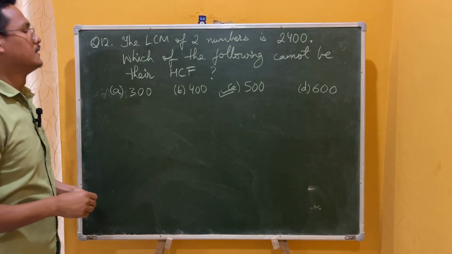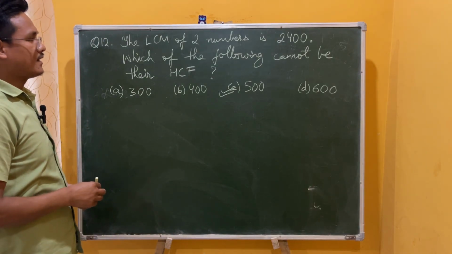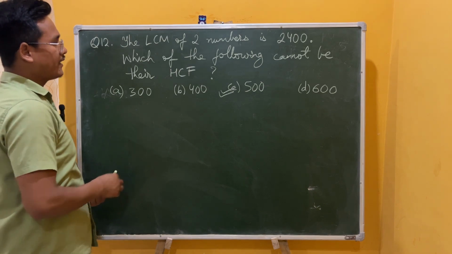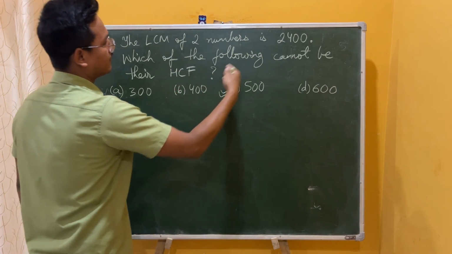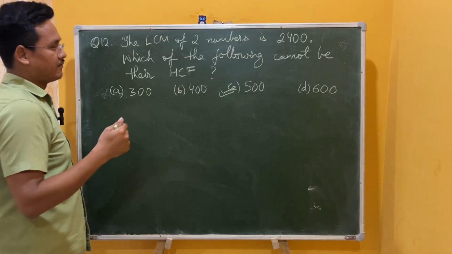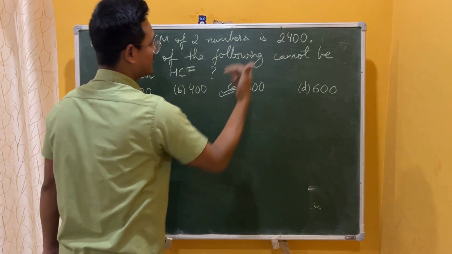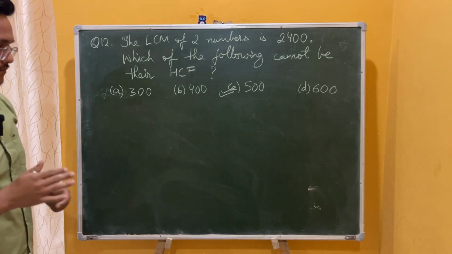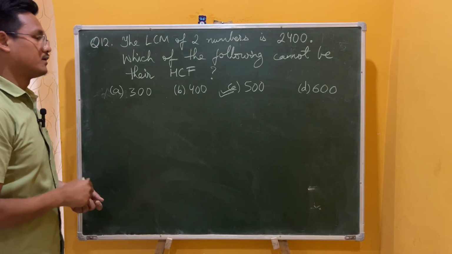Remember the rule. It says that HCF must divide LCM, meaning HCF divides LCM exactly, leaving no remainder. So that is the rule.